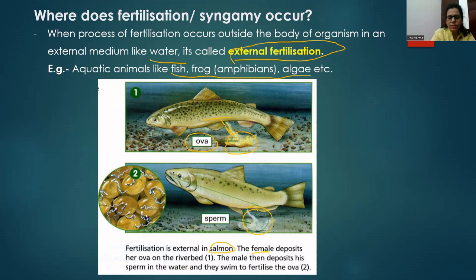The female deposits her ova on the riverbed, and the male deposits his sperm into the water. So the sperm has to swim through the water and reach the ova. After the sperms reach the ova, they fuse with the ova and produce a zygote, which further develops into the new individual.